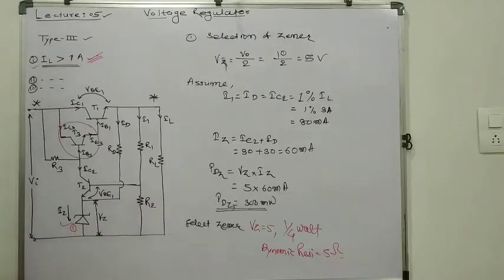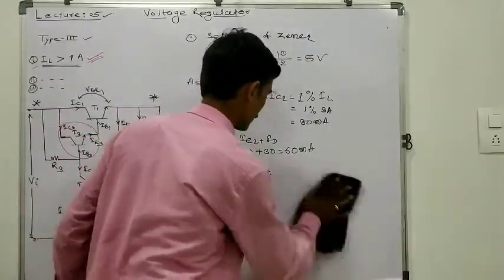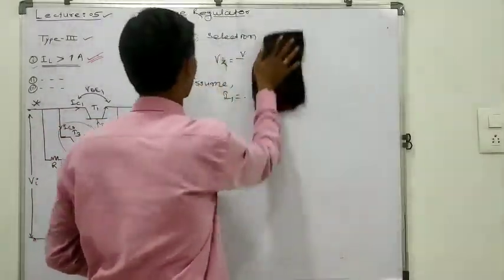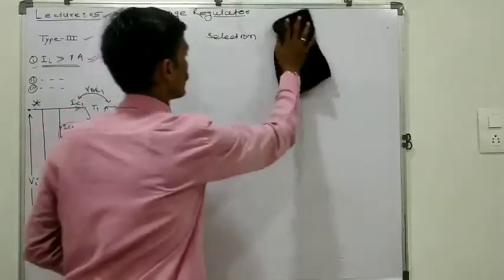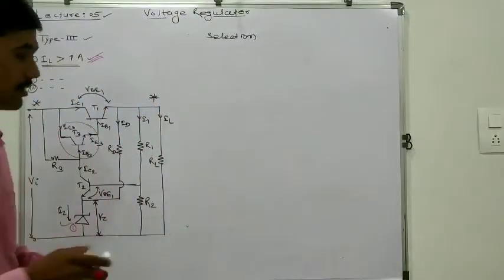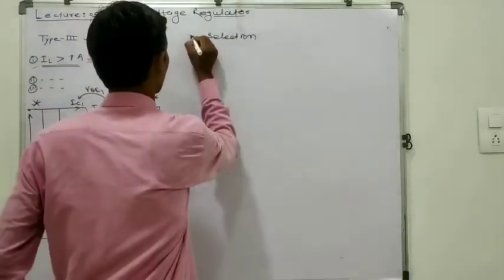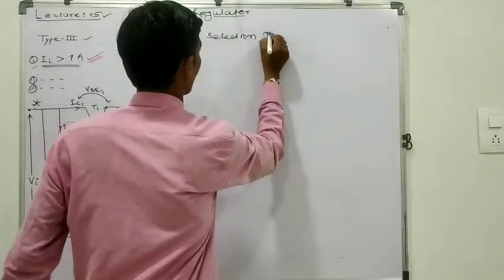So what is the next part? First we just calculated the selection of zener diode. Next part is nothing but the selection of transistor T2.